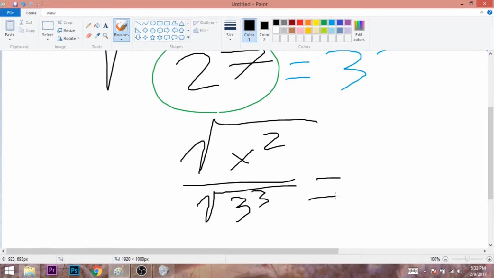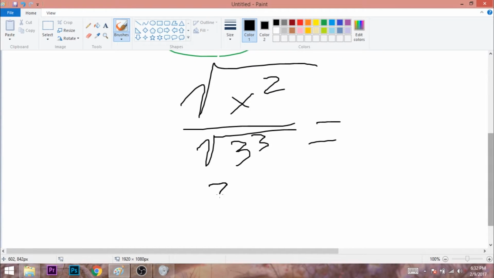Now simplifying this, 3 to the third power is just 3 to the second power times 3 to the first power. And let's remember the thing I told you before is that you're going to have an imaginary 2. So you're going to use this number and divide this by this, right? And what are you going to get?